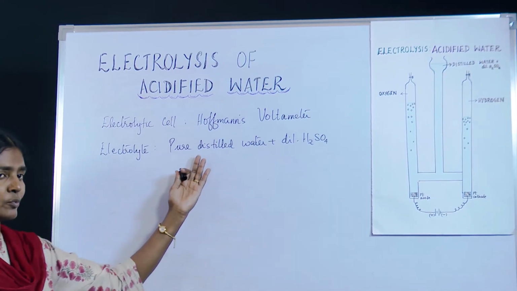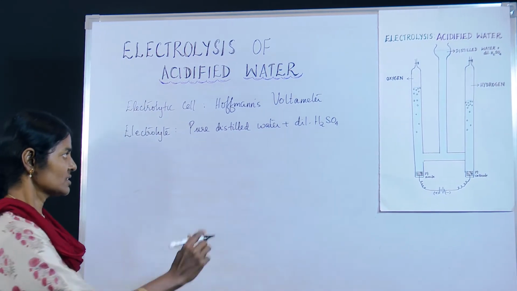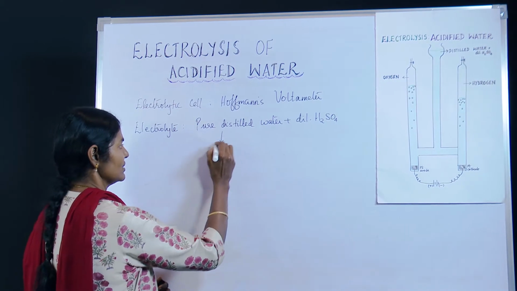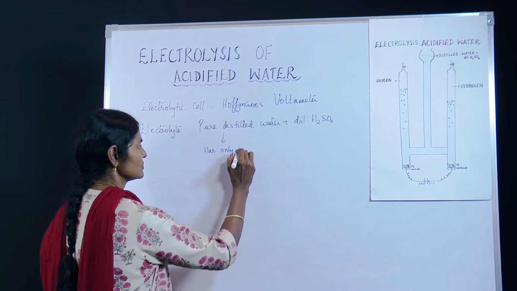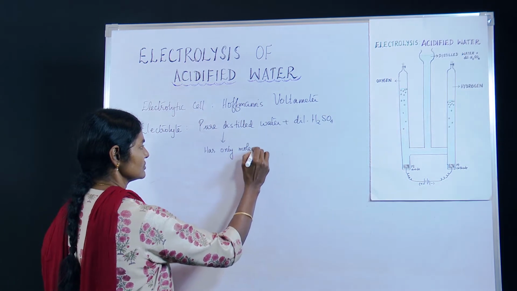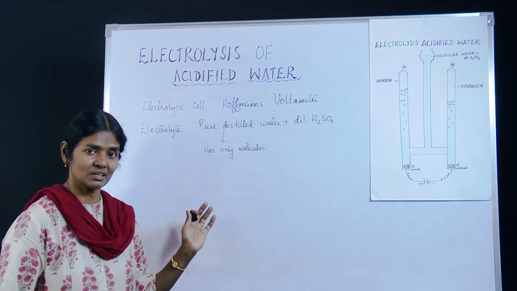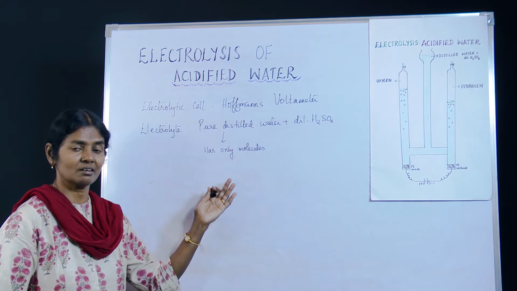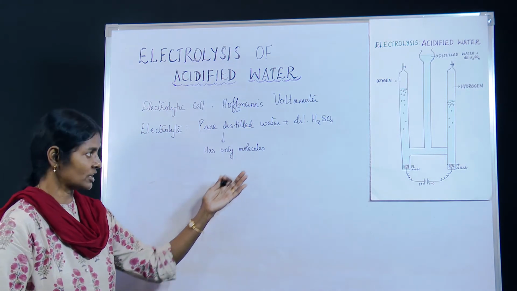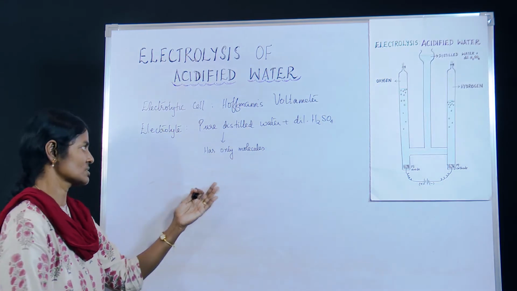Now, why do we need to add dilute sulfuric acid? Because pure distilled water has only molecules. We saw in the previous video that if it contains only molecules, then it is a non-electrolyte. So it cannot obviously conduct electricity if it has only molecules.